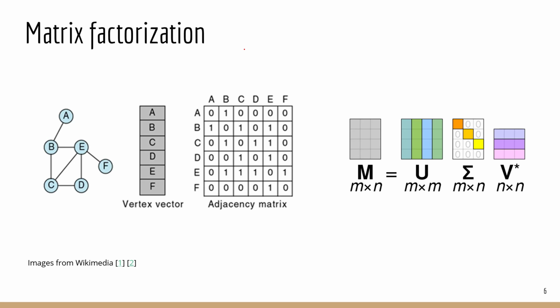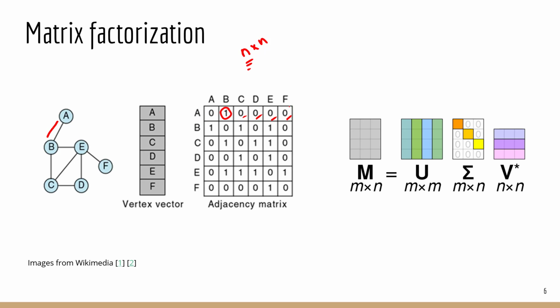We have a matrix of size n by n, where n is the number of nodes you have in that graph. The corresponding cell for each pair of nodes denotes if you have a relationship between those two. If there is an edge, you'll have 1, and otherwise you'll have zeros.